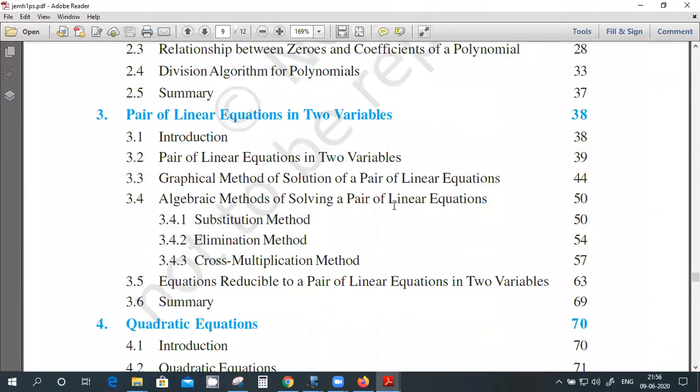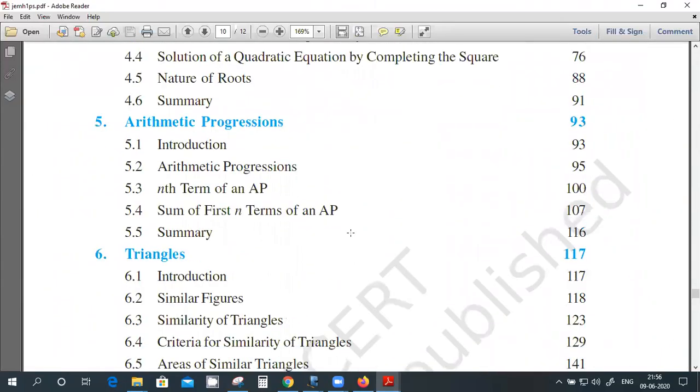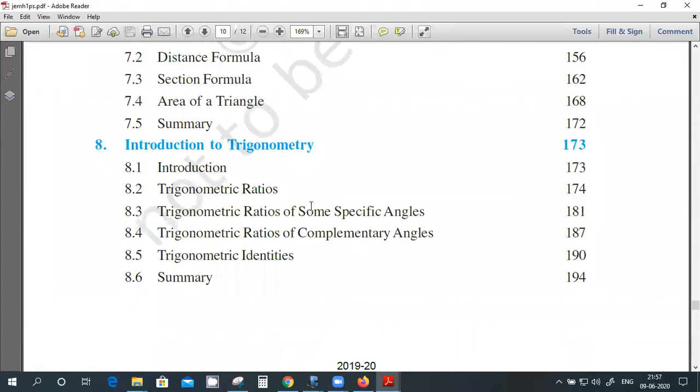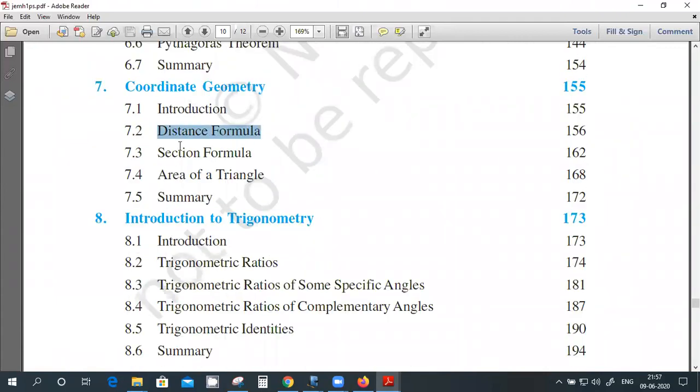Almost all the topics in coordinate geometry are new. Area of a triangle: the vertices will have coordinates x1, y1, x2, y2, x3, y3, so in terms of coordinates you have to find the area, not half into base and height.